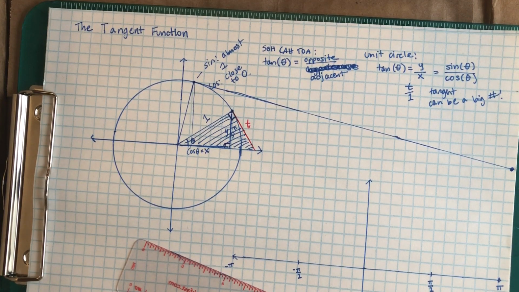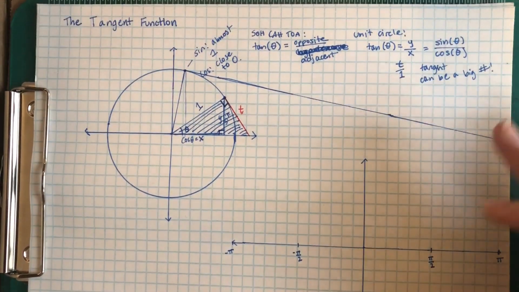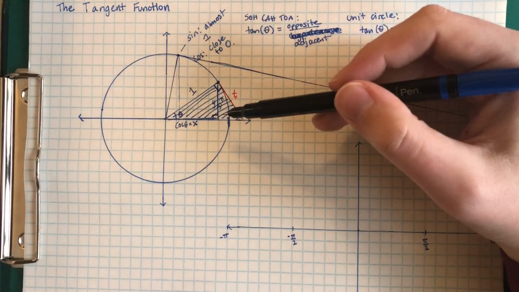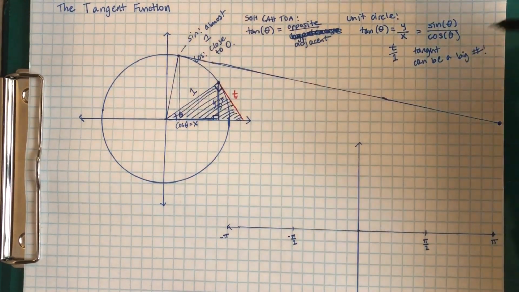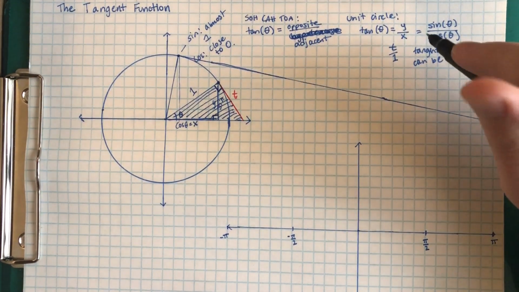So we talked about it between 0 and pi over 2. Let's try to actually plot some of those points on the graph. So the tangent of 0 is going to be the sine of 0 over the cosine of 0.